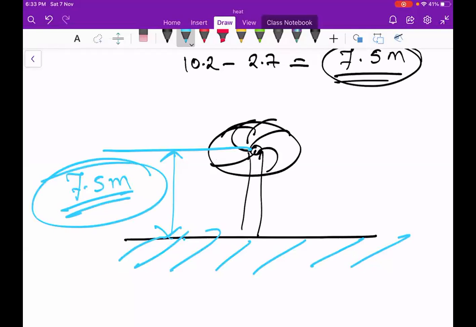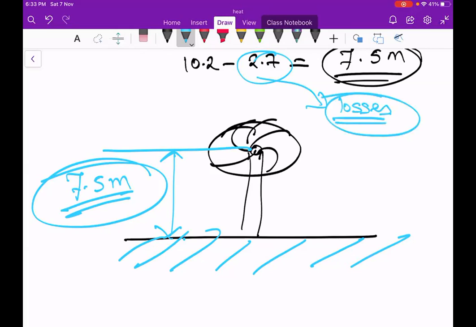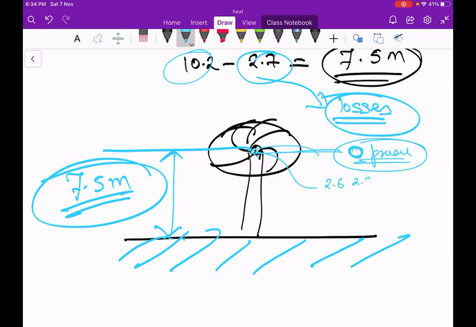In reality, I have taken 2.7 as losses, frictional losses. And you can't create a 100% vacuum. It would be 10.2 only when the pressure here is zero, but it is very difficult to create zero vacuum here. Almost it is created in terms of 2.6 to 2.7, because after that the water will evaporate.